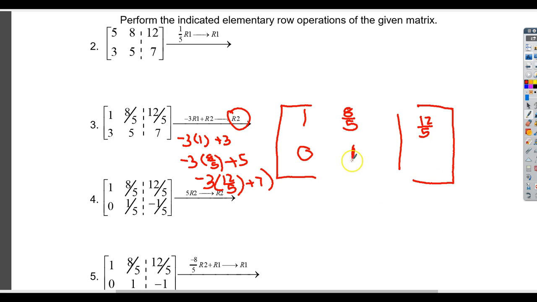That's not 1, that's 1/5. And then the next one is negative 1/5. Alright, we can see that that's correct because that's what they got for the next row.